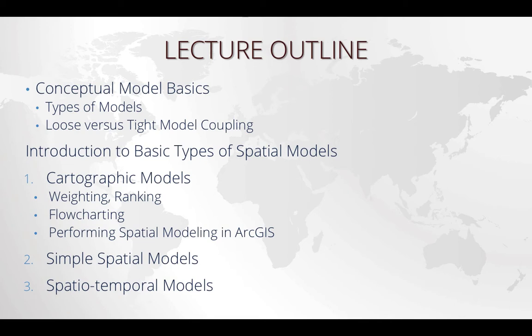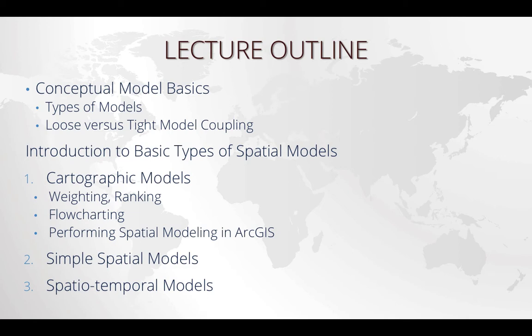Trying to outline the lecture here a bit, we're going to start with some conceptual model basics, types of models, some language that you should know about called loose versus tight model coupling that's commonly used in GIS. Then we're going to walk through a number of different basic types of spatial models.